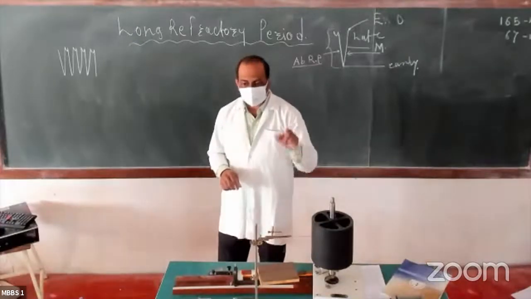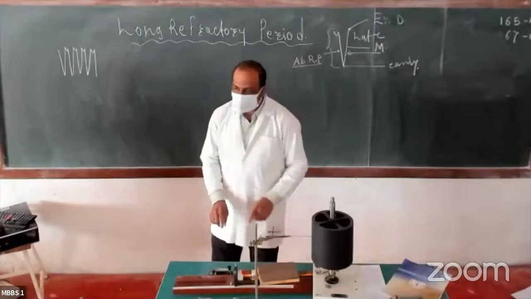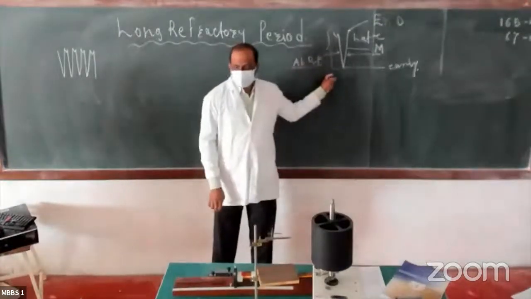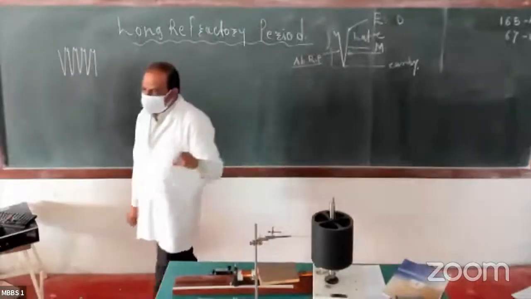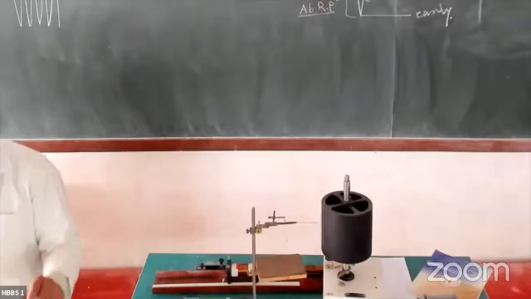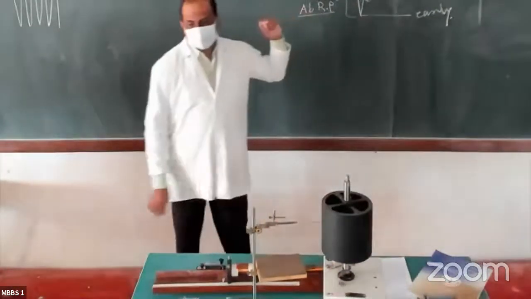We are recording on the kymograph. With the help of the tap key, we have to complete the circuit at these different phases. We have discussed these different phases. Is it clear? So first we will apply the suprathreshold strength of the stimulus at the end of the systole.